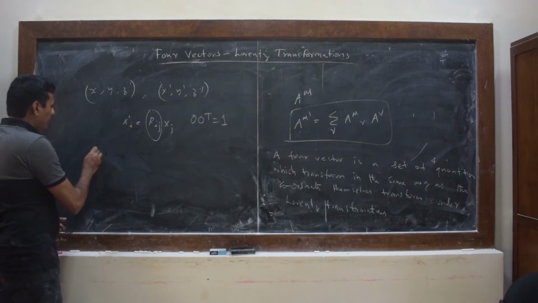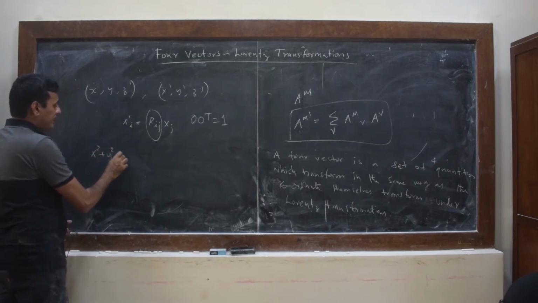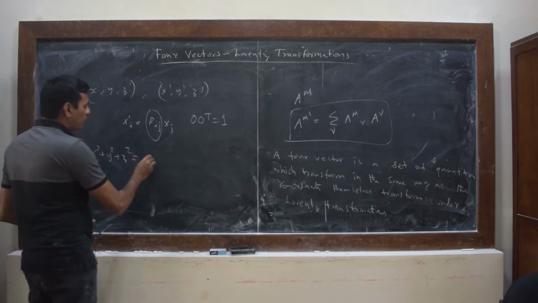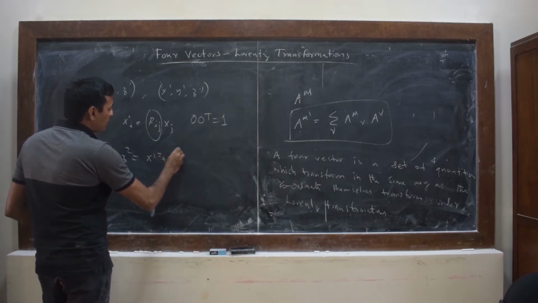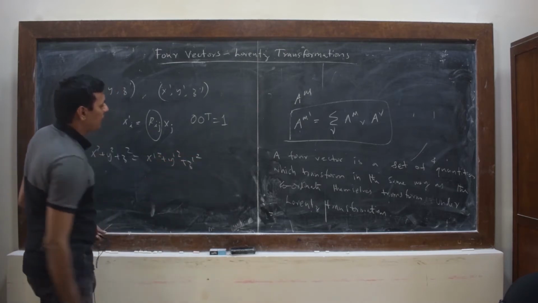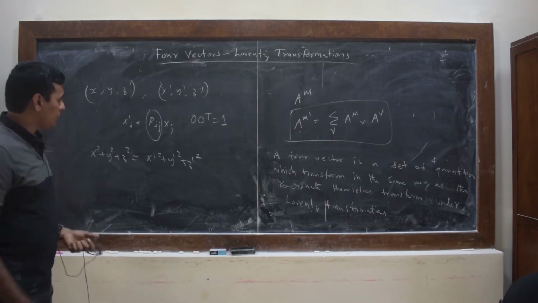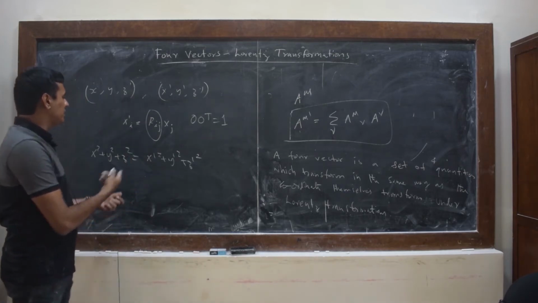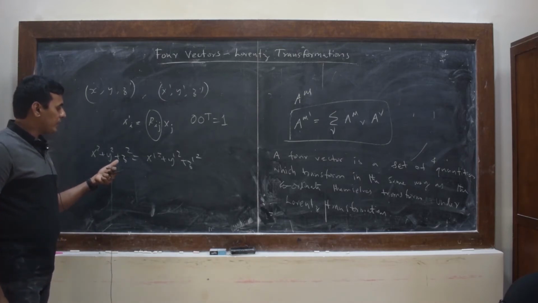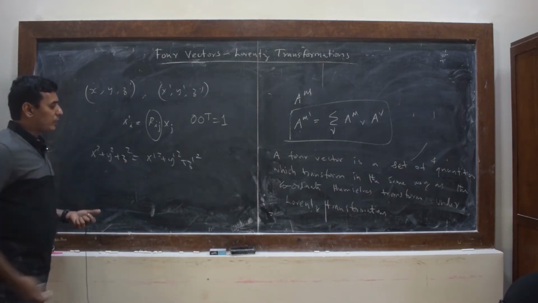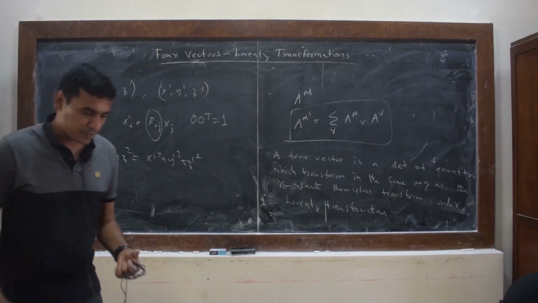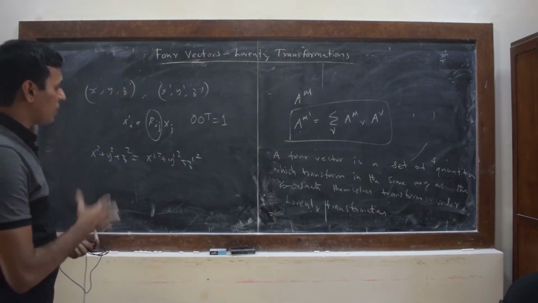If you evaluate x square plus y square plus z square, it is exactly equal to x prime square plus y prime square plus z prime square. That means the length of the vector is invariant under rotation.